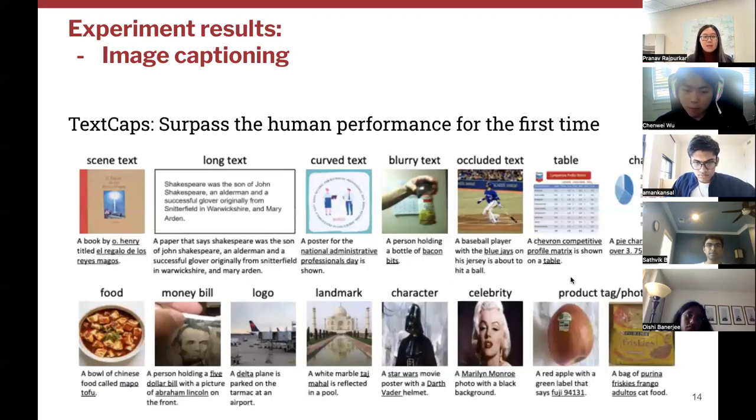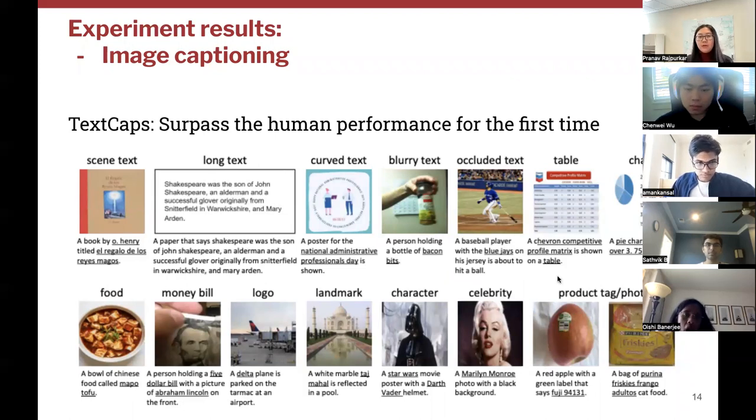There are some qualitative results for this dataset, which can do captioning not only from a simple or pure image, but also from images with logos and titles. So this is the first time it can surpass the human performance on this specific benchmark for the image captioning task.